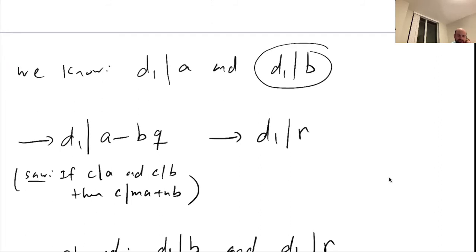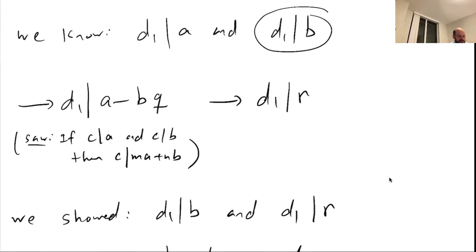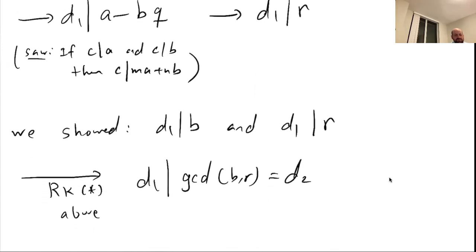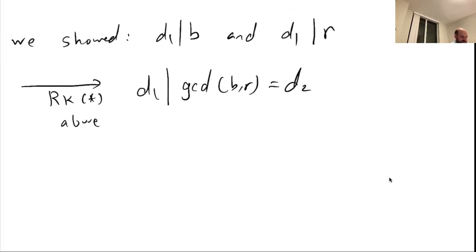Because R was A minus BQ, and if D1 divides A and D1 divides B, then D1 divides A minus BQ as well, which means D1 divides R. So D1 is a common divisor of B and R, so it must divide the greatest common divisor of B and R. In other words, D1 must divide D2. Okay, so this part is for D1 divides D2.